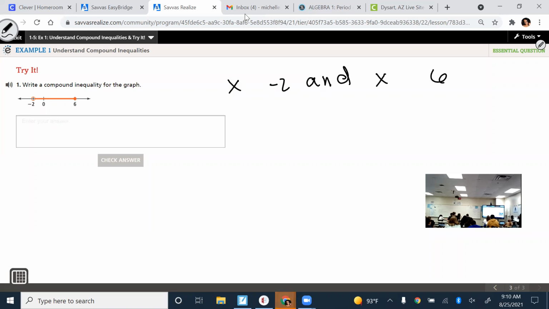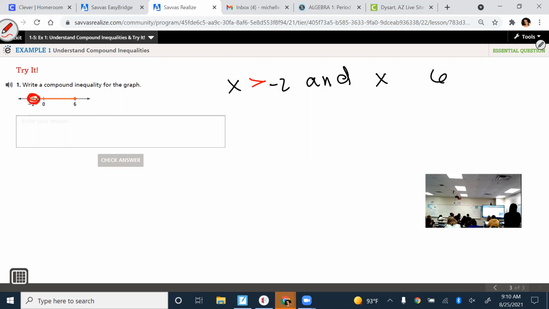All right, now what symbol did you use for the x compared to the -2? Greater than. Did you put greater than or equal to? Should just be greater than because of that open circle. All right. So just greater than. That makes sense? All right, greater than or equal to would have the line underneath, or it would be a closed circle on this one.